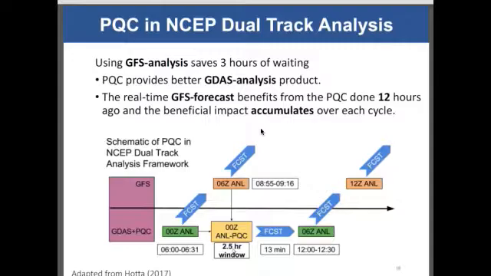So if we're going back and recorrecting the late cycle GDAS analysis through PQC, we probably have to account for that in the ensemble as well. But I thought you can just save those ensemble information. It's not linear. We're restarting from different places in the initial condition. It's something you have to think about and look at.